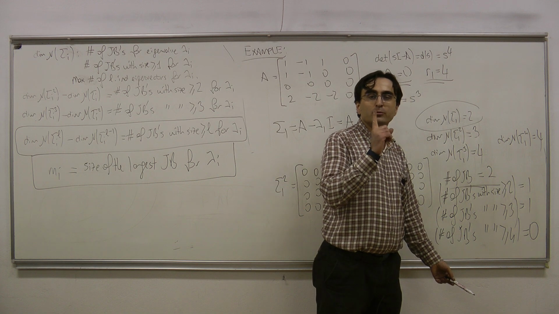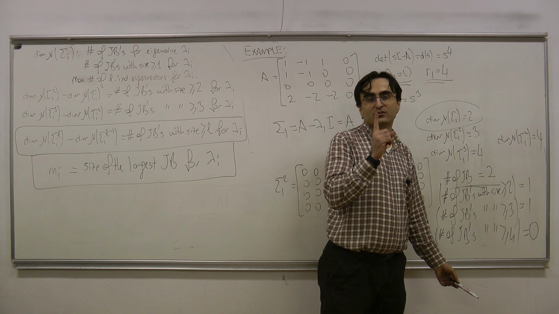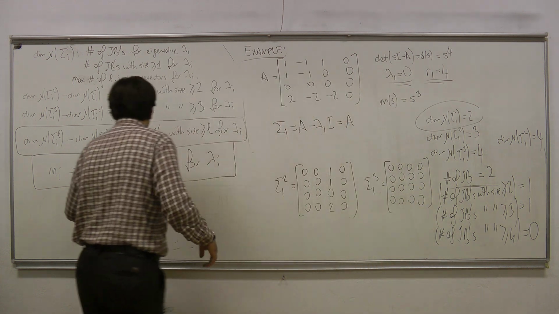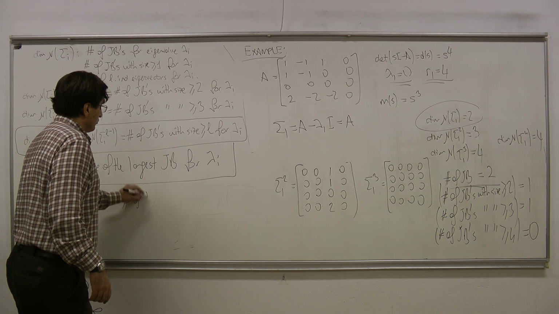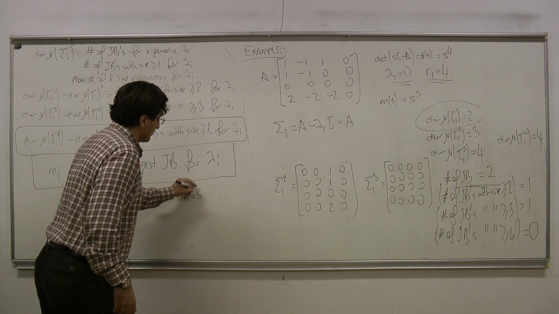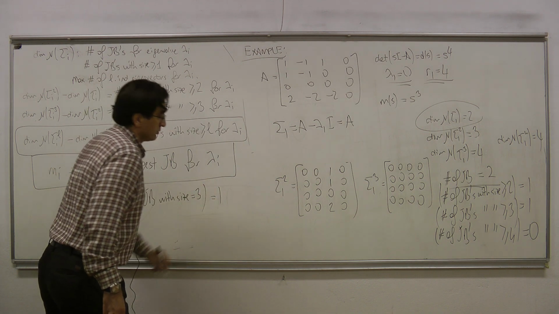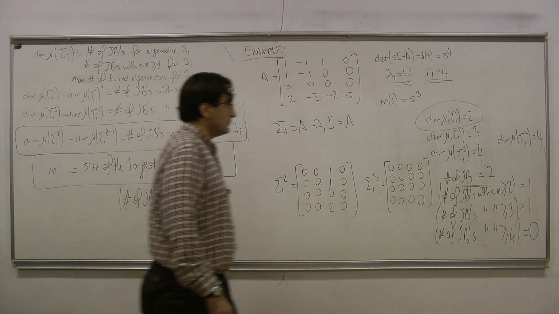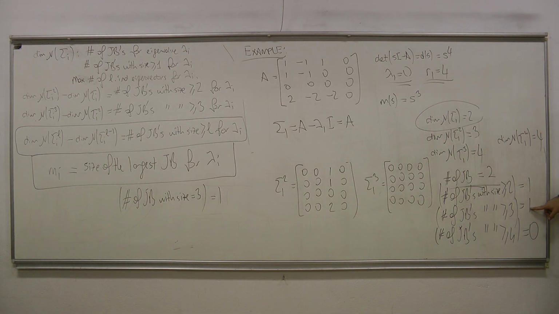That means that there should be one Jordan block with size 3. The number of Jordan blocks with size equal to 3 is 1.